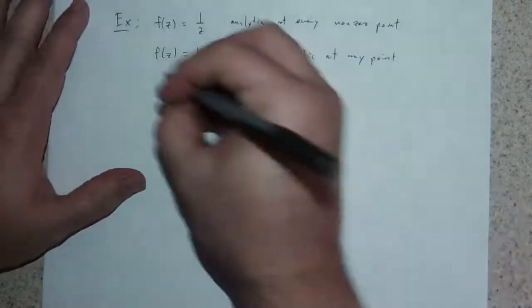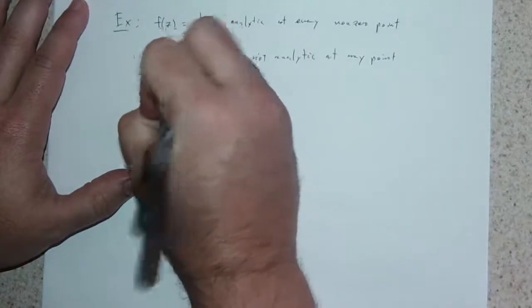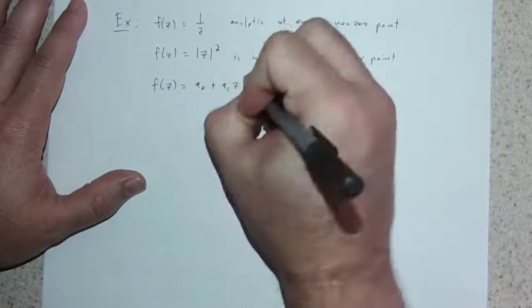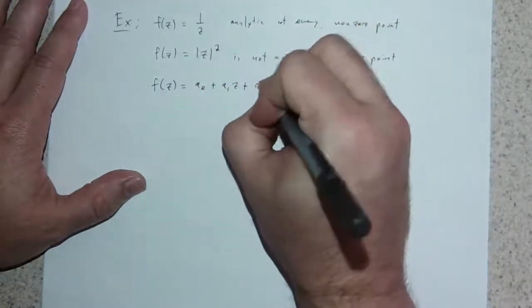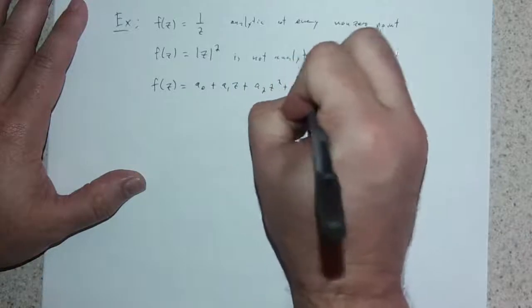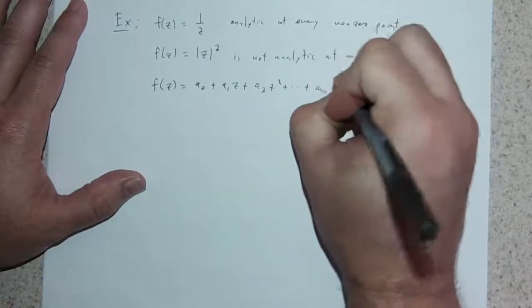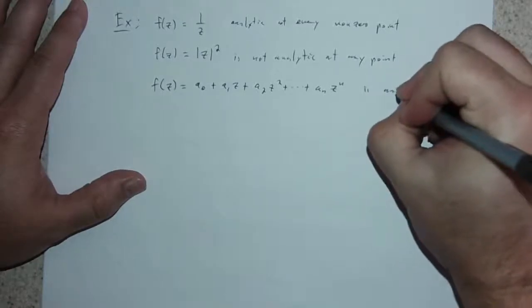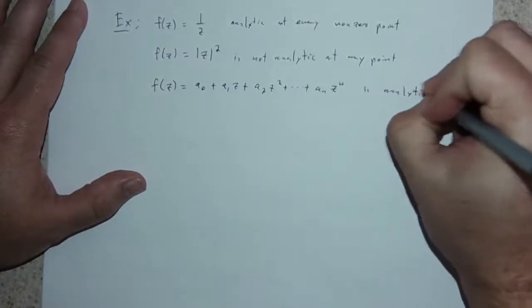Okay. If I take my function to be a polynomial, so a0 plus a1 z plus a2 z squared all the way up to some a sub n z to the n, this is analytic at every point in the complex plane.